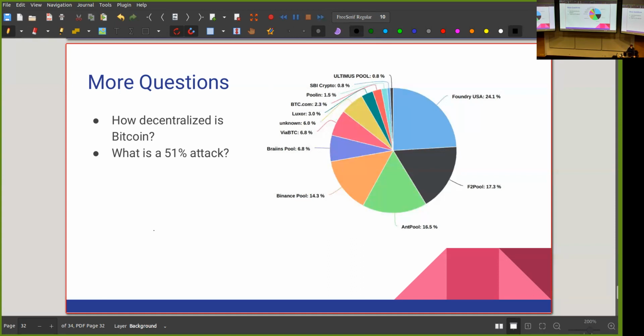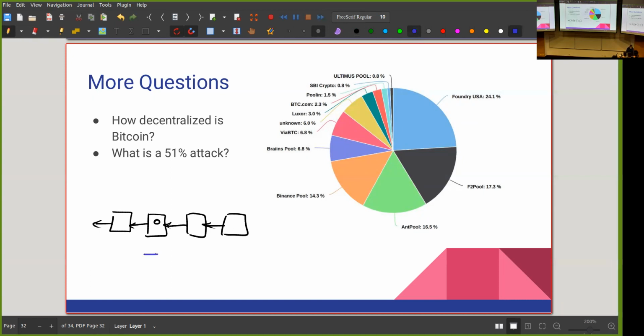So what can I do? Let's say this is the blockchain right now. And let's say that I see a transaction here in the blockchain that I don't like. I have more than half of the computational power. So I can just create a new block here and basically fork from here.